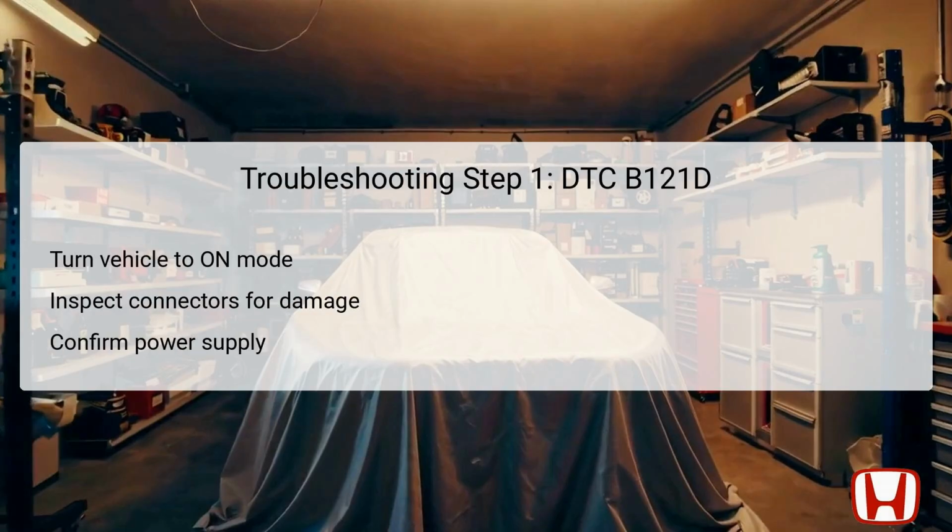The first step in troubleshooting DTC B121D involves setting the vehicle ignition to the on mode. This action allows various components, including the climate control unit and the humidity sensor, to receive power. Once powered, visually inspect both the humidity in-car temperature sensor connector and the climate control unit's connector for any visible damage or corrosion that may impede communication.